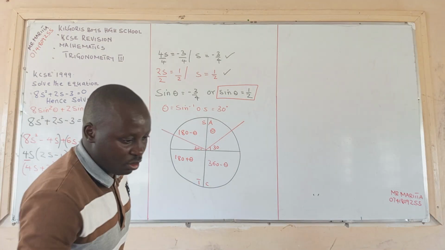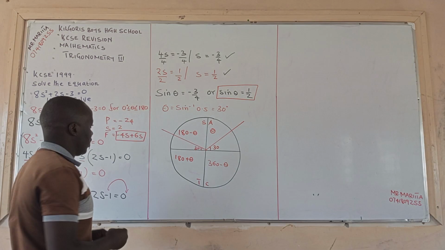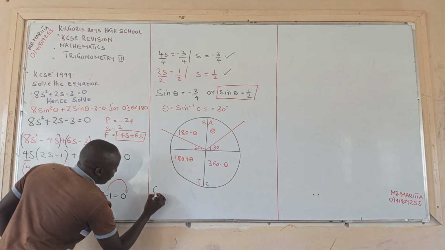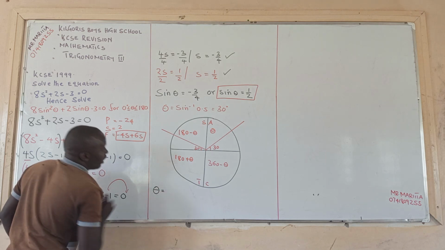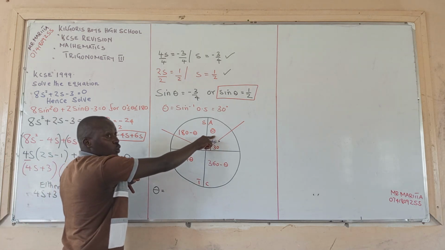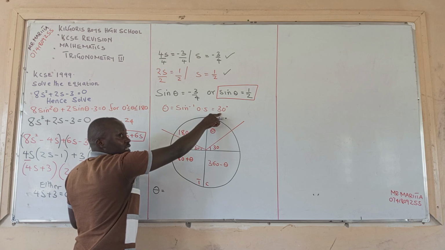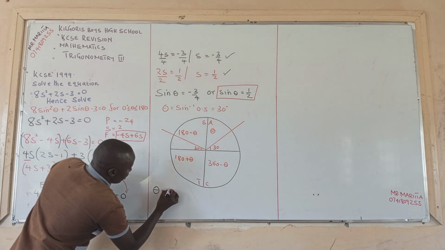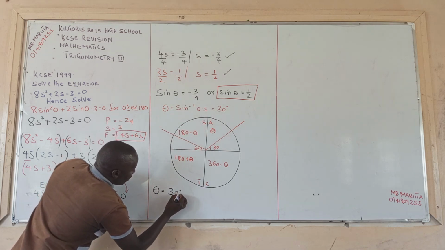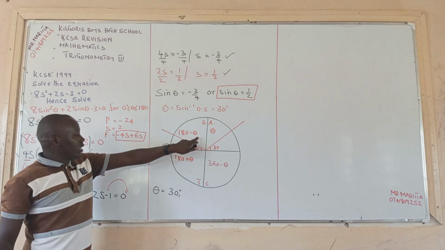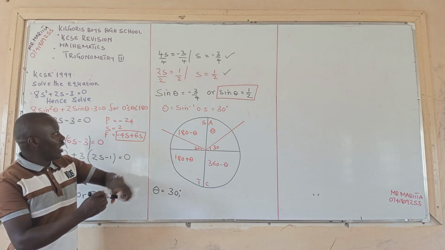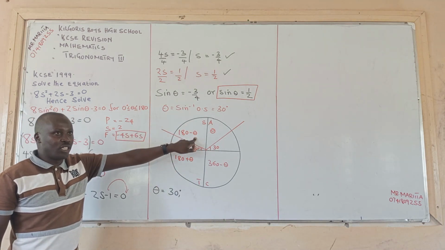Now you need to recall the use of this unit circle. So the values of theta now will be equivalent to, in the first case, theta, which in this case is equivalent to 30 degrees. The sine is also positive in the second quadrant.